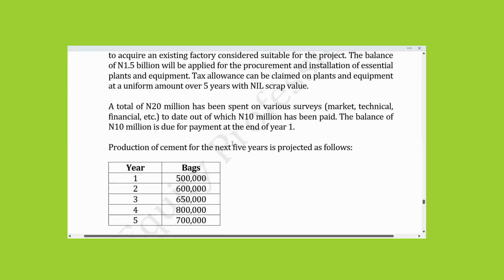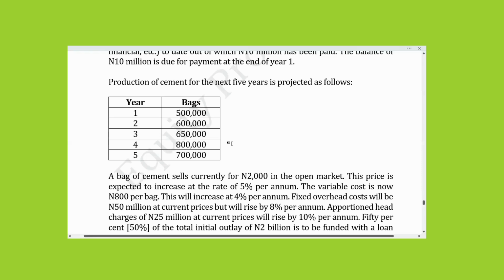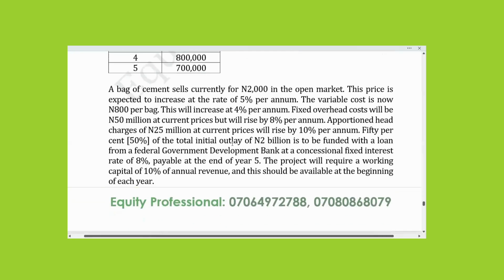Production of cement for the next 5 years is projected as follows. All figures are assumed to be correct. A bag of cement sells currently for 2,000 naira in the open market. The price is expected to increase at the rate of 5% per annum. The variable cost is now 800 naira per bag.